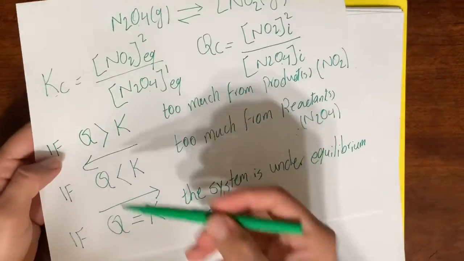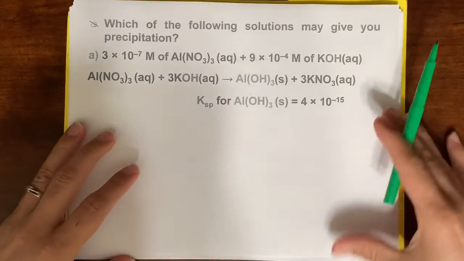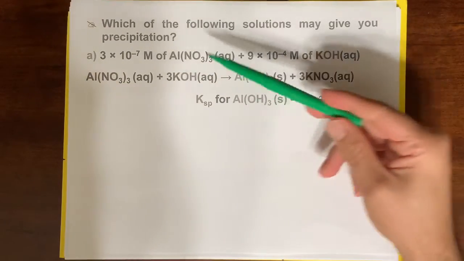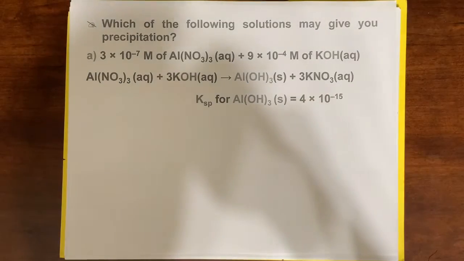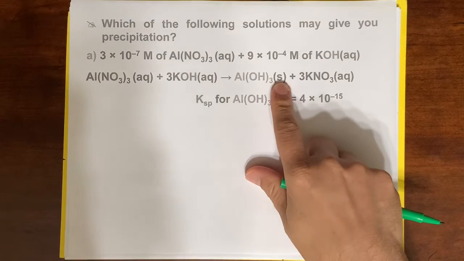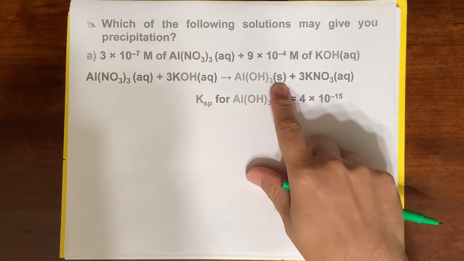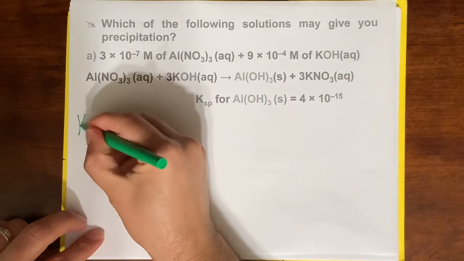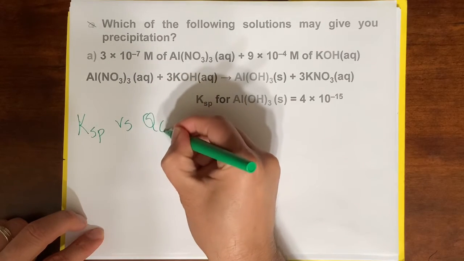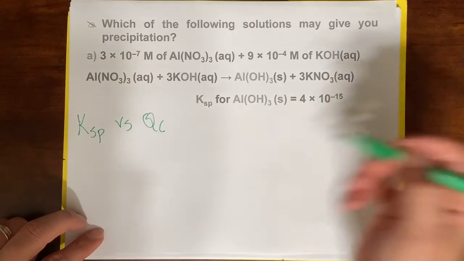Here is the way I'm going to use this. Let's say they gave you such a question. They gave you Ksp and you have some solutions, and they are asking you to predict whether we're going to get a solid or not. So you need to compare Ksp in this case versus Qc. Ksp is given.